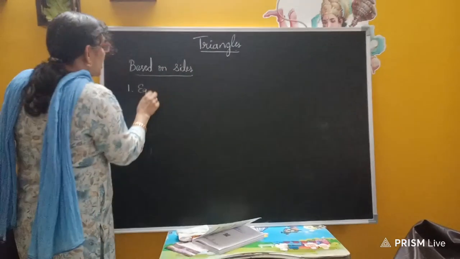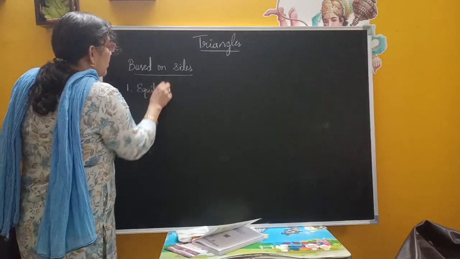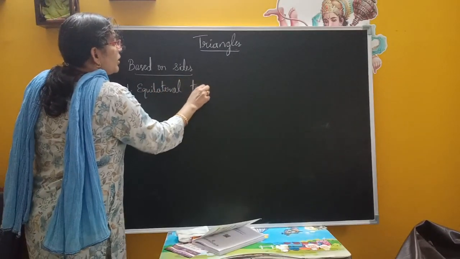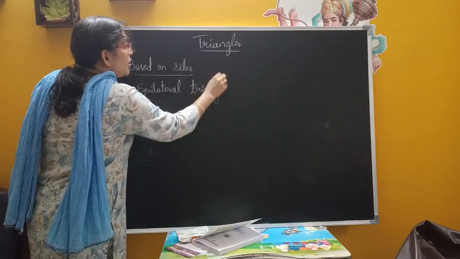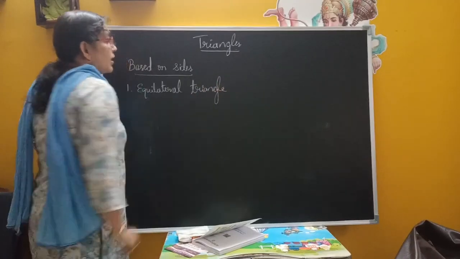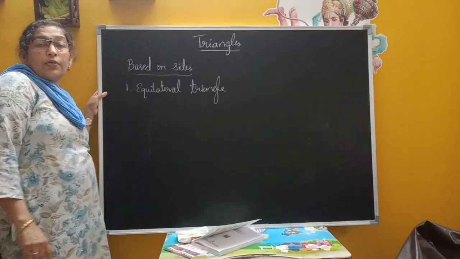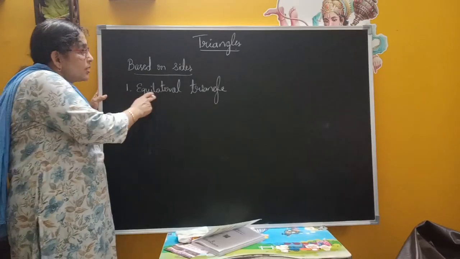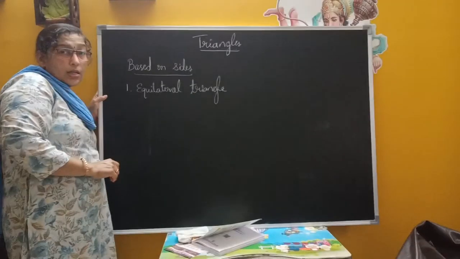What is an equilateral triangle? Equi means equal. Here in this triangle, all three sides are equal. If a triangle has all three equal sides, then we call it an equilateral triangle.